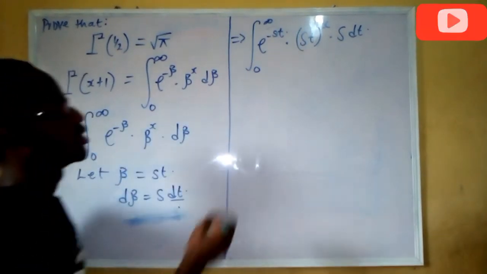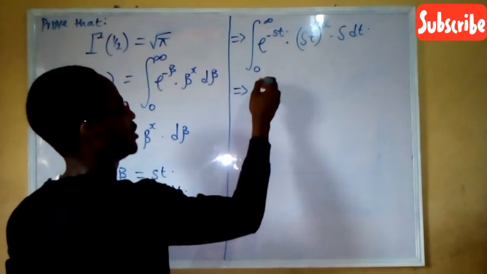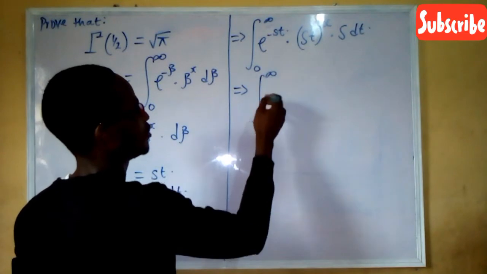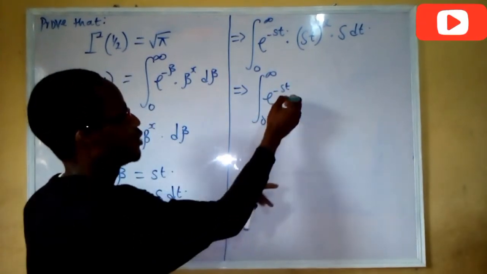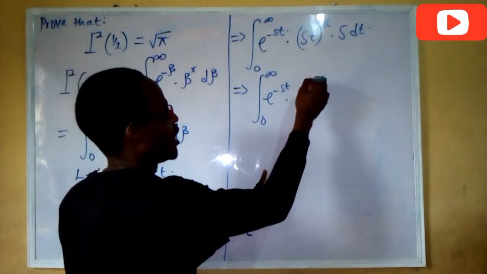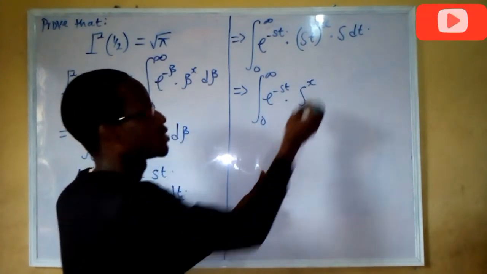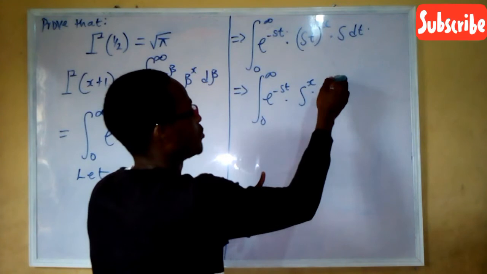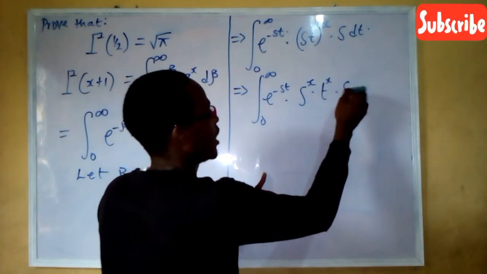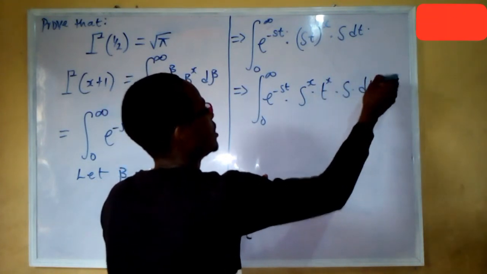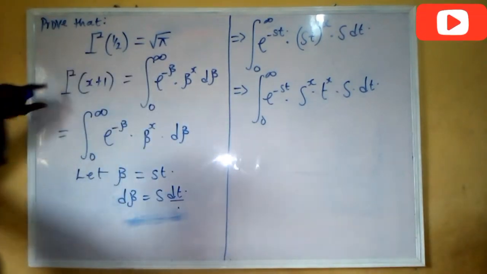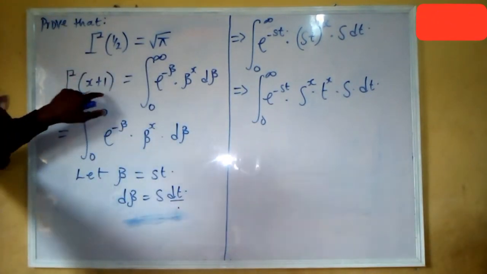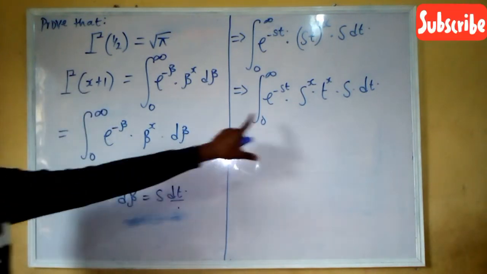So the integral from 0 to infinity of e raised to the power minus st, then s raised to the power x, t raised to the power x, times s dt. Don't forget, this is the gamma function of x plus 1, which is what we have been evaluating.